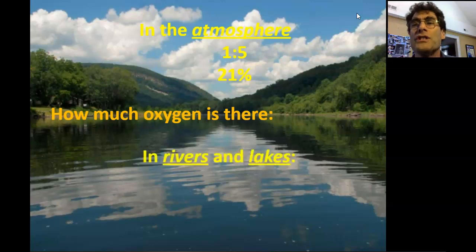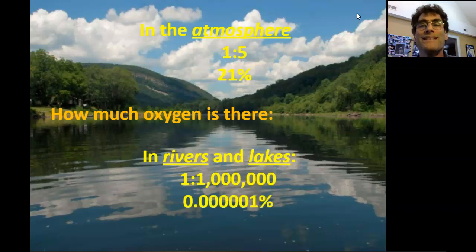But how much oxygen is there in rivers and lakes? I want you to give me a guess by percent or by parts. You might have underestimated this or overestimated. It's about 1 part in a million, or 0.0001%.